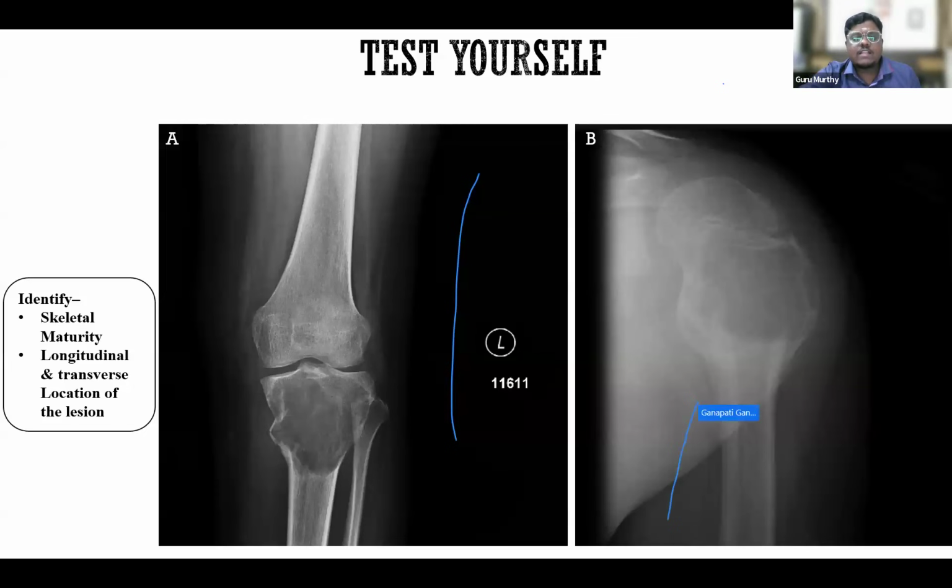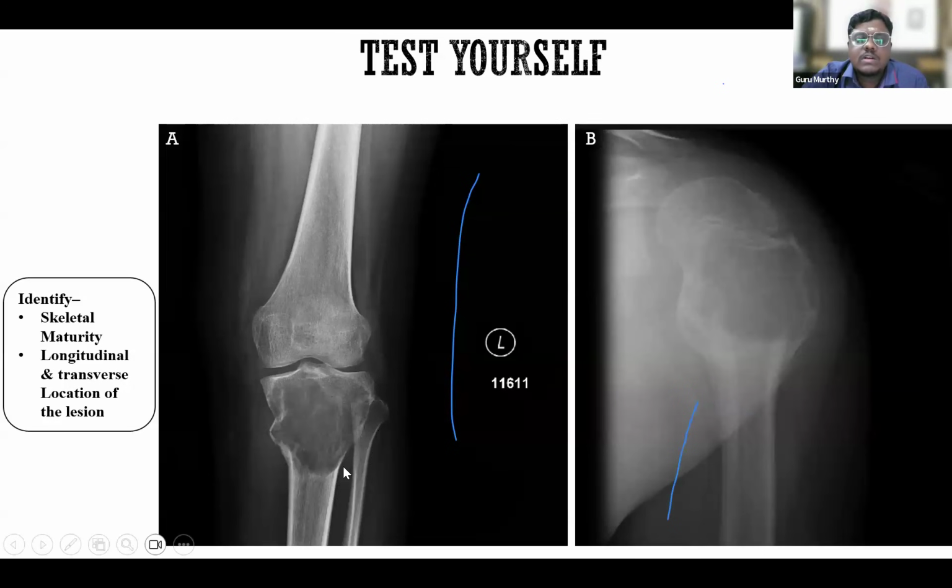Yes, most of you have answered. If you take image A, this is a frontal radiograph of the knee joint with distal thigh of a skeletally mature patient. You're not able to make out any growth plate. It's fused, so it's a skeletally mature radiograph. The location of the lesion is in the epiphyseal region.